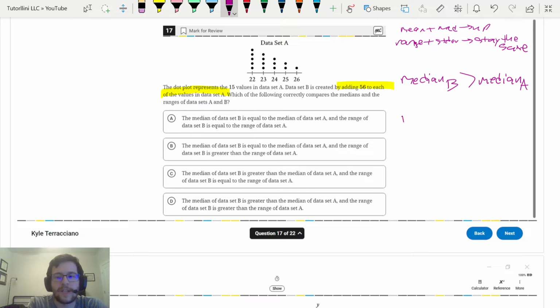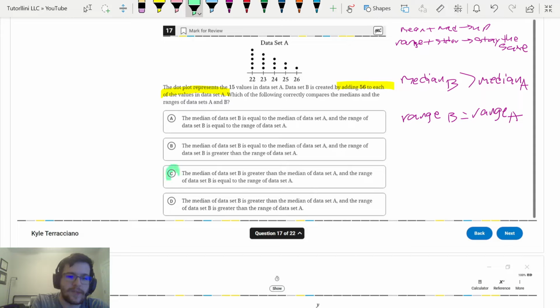The ranges stay the same, so the range of B is equal to the range of A. So you see that would give us answer choice C. The median is greater and the range is equal.